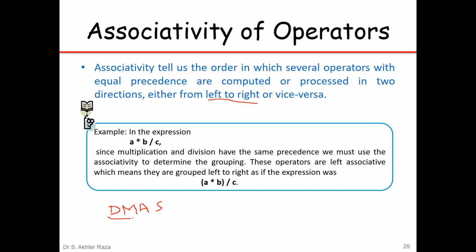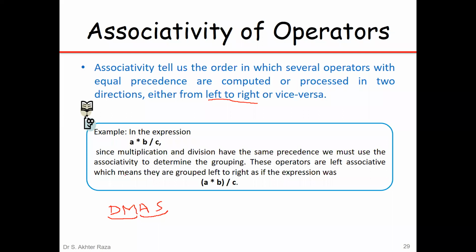division and multiplication have the same precedence, addition and subtraction have less precedence. So in DMAS, D and M have the same precedence. So which will be solved first, division or multiplication? It's associativity.